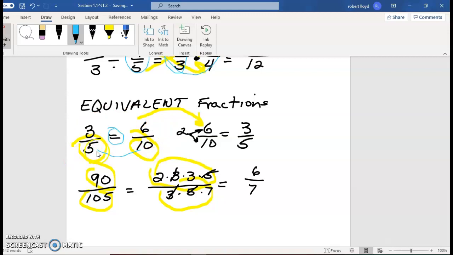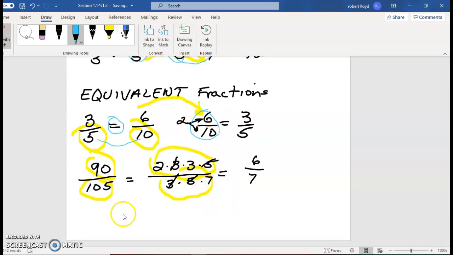Or you could say 5 goes into 10 2 times, and there's 3 of them, so 2 times 3 is 6. Likewise, if you start with 6/10, that can be reduced because both the 6 and the 10 are even numbers, so we know both of those are divisible by 2. So 6 divided by 2 is 3. 10 divided by 2 is 5.